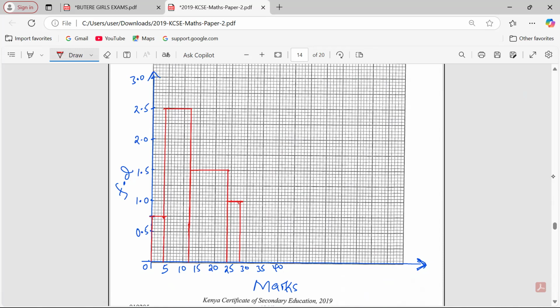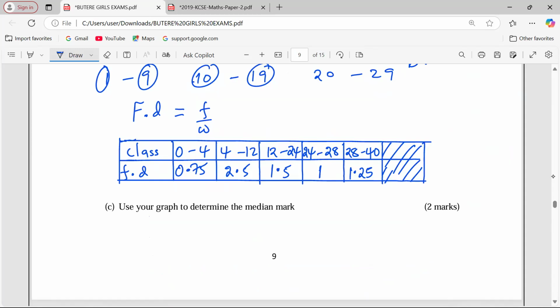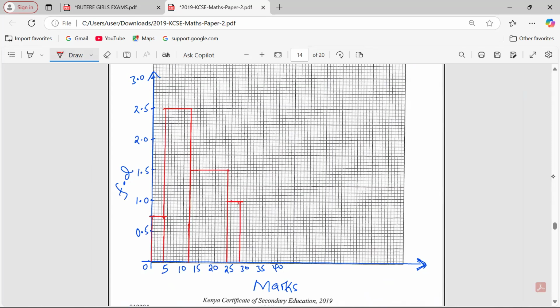Then finally, from 28 all the way to 40 with 1.25 as the height. So 1.0, 1.1, 1.2, 1.25, because you have 1.3 up there. So 1.25 is at this point.